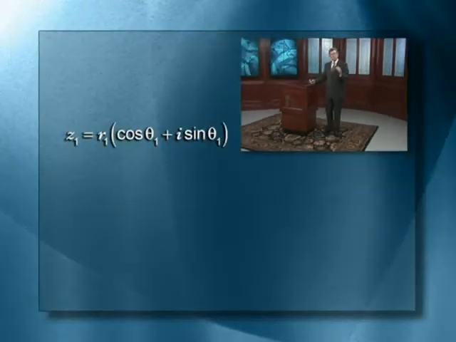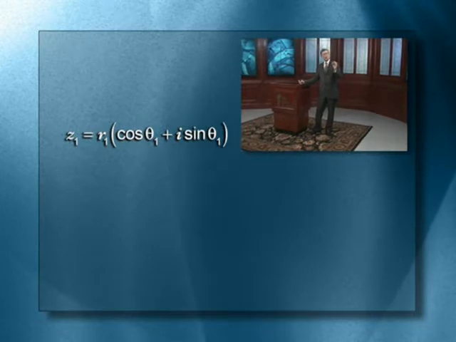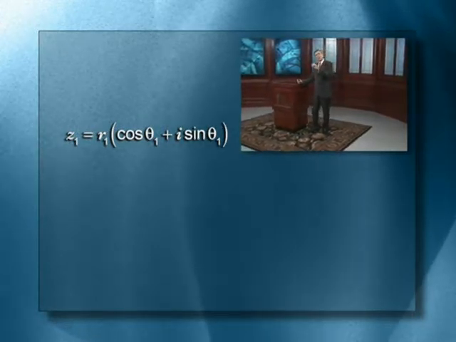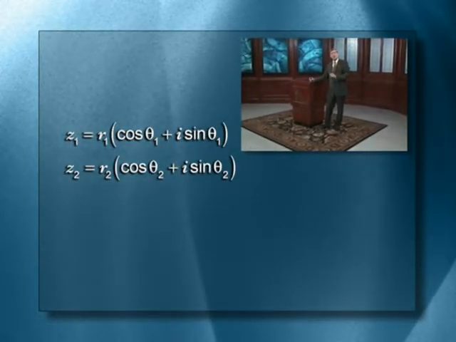Okay, division and multiplication. These complex numbers can be multiplied and divided very conveniently, and let me just show you the formulas. They're beautiful formulas, and they're based on the summation formulas for the sine of a sum and the cosine of a sum. Suppose z1 is written in trigonometric form as r1 times cosine theta 1 plus i sine theta 1, and the second complex number is r2 times cosine theta 2 plus i sine theta 2.